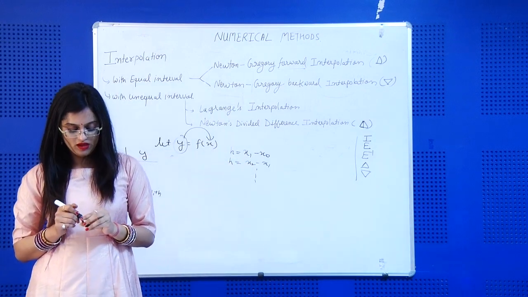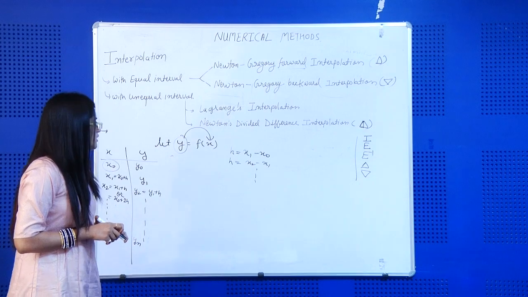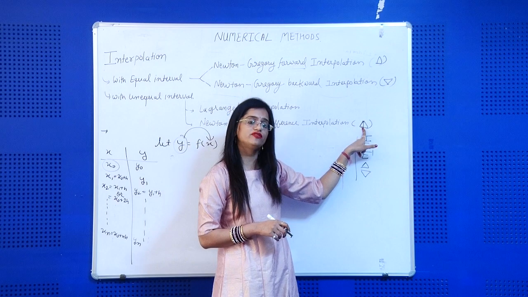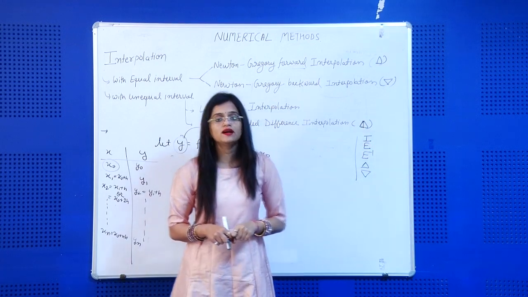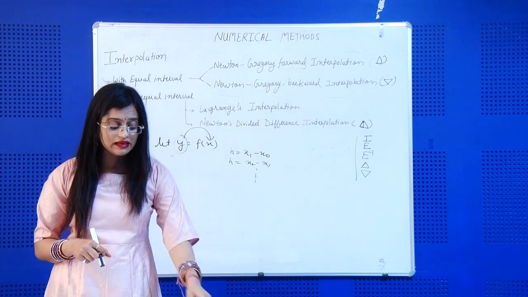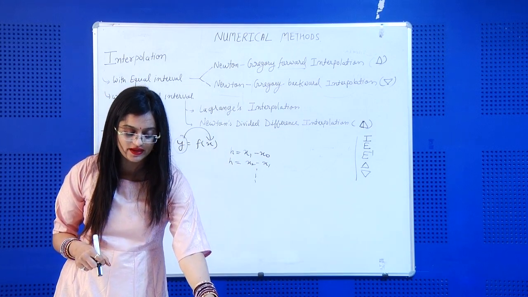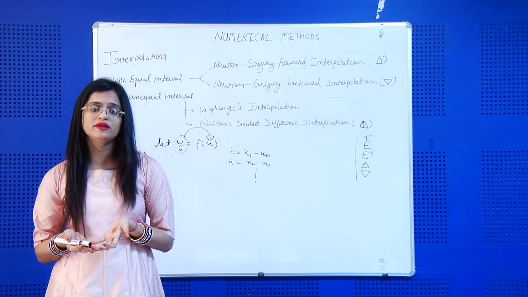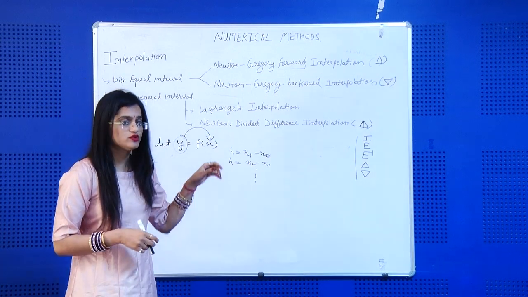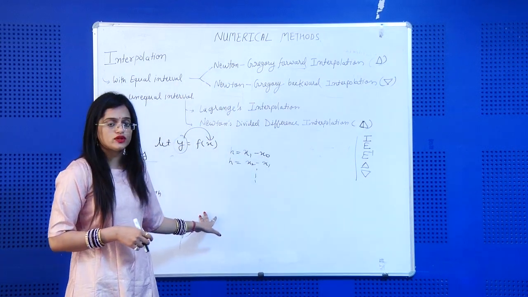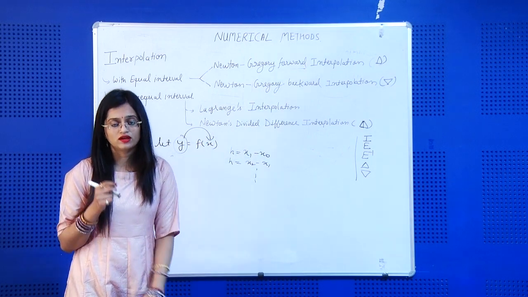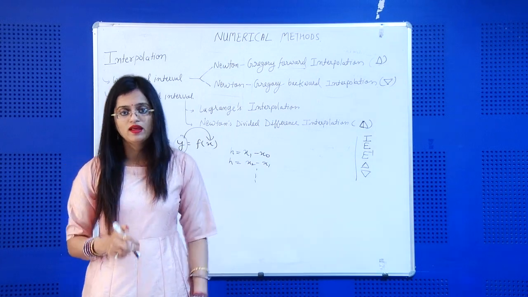Why? Because Newton divided difference, where we use the divided difference operator, gets the highest rate of convergence. Highest rate of convergence means getting an approximate answer near the accurate answer. As I told you, interpolation, or the entire numerical method technique, does not give us an exact answer.